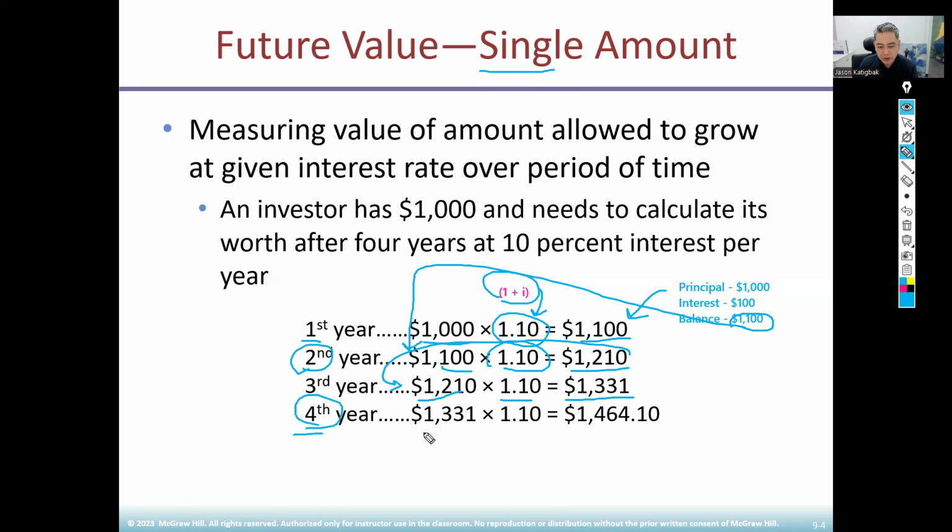At the fourth year, 1,331 is the beginning balance, and times 1.10 is 1,464 and 10 cents. So you computed a future value of an amount of 1,000 for 4 years at 10%.